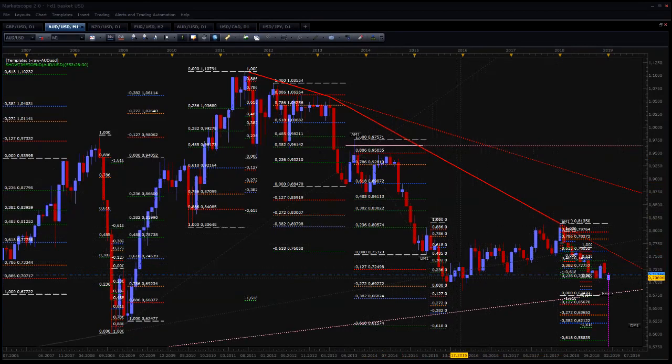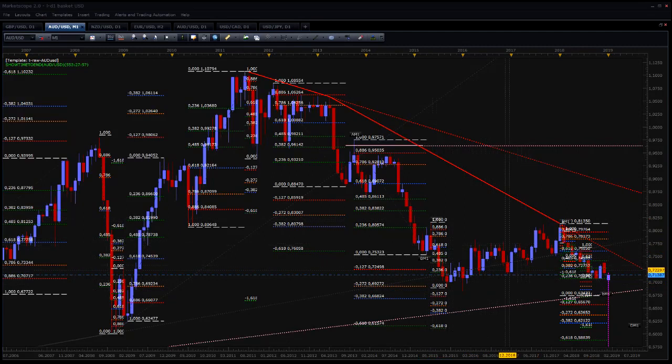One of the reasons is that this is consolidation, but at the same time, if you take this piece of the market, starting from here, you'll see the market making a wave up and then a higher retracement, so a higher low.